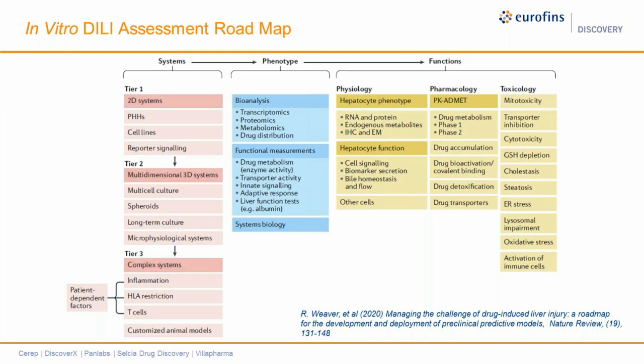They take an approach that contains a tiered system, utilizing currently available in vitro assays and integrating them with emerging cell-based technologies for DILI assessment. For example, tier 1 in this roadmap comprises single-cell systems, such as human primary hepatocytes, cell lines, for instance HepG2 cells, and reporter signaling.